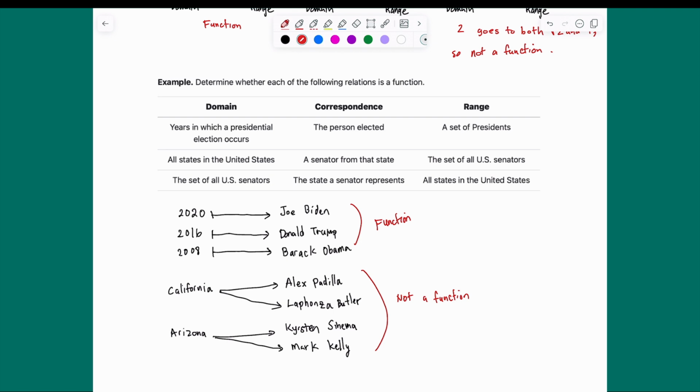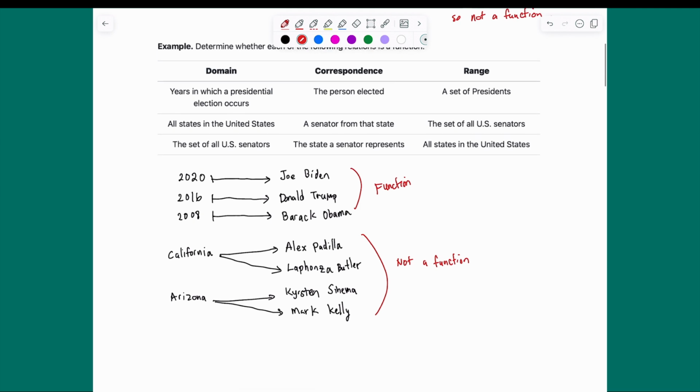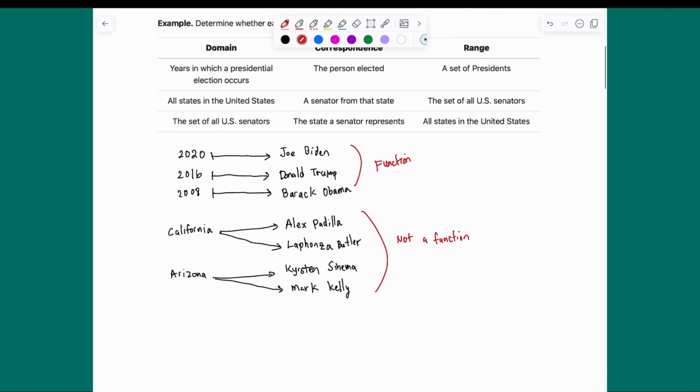All right, let's look at the third row, where the domain is the set of all U.S. senators and the range is all states in the United States. The correspondence this time is the state a senator represents. So if we take our example of California, Alex Padilla would get mapped to California.